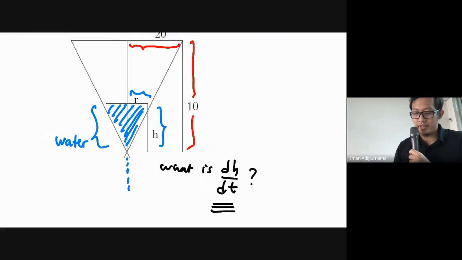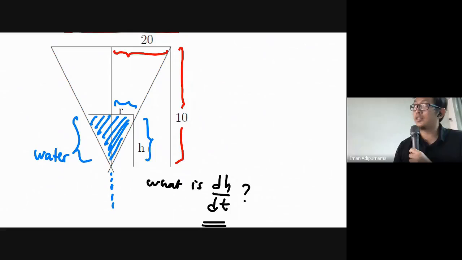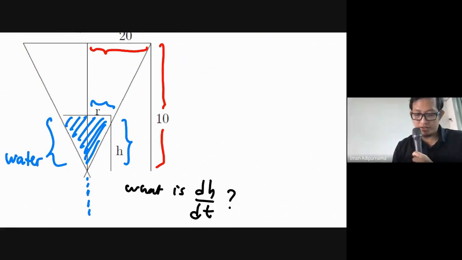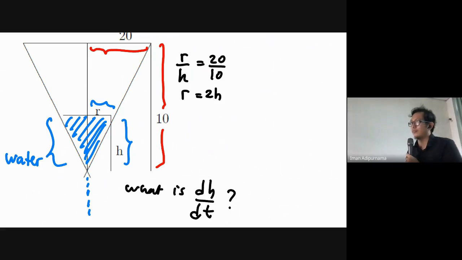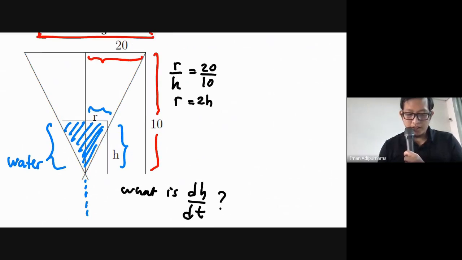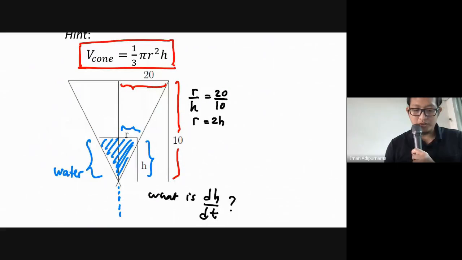And you have R and H, and you have a triangle. One idea to relate R and H and the whole triangle here is using the triangle property. So this is one way. So you have R is 2H, and the other is volume.